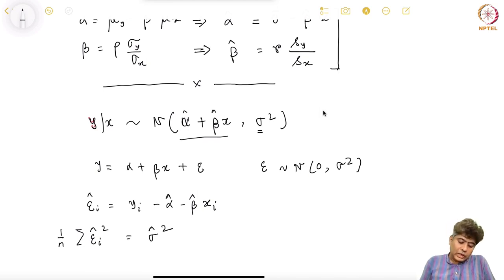So this will give me an idea about the residual sum of squares.